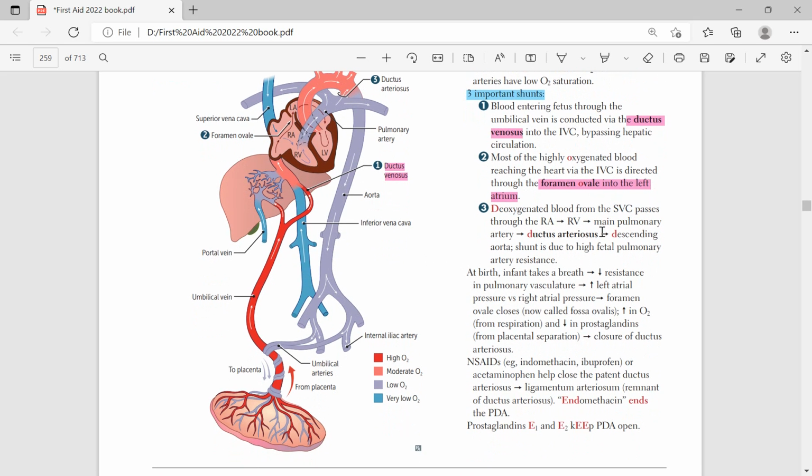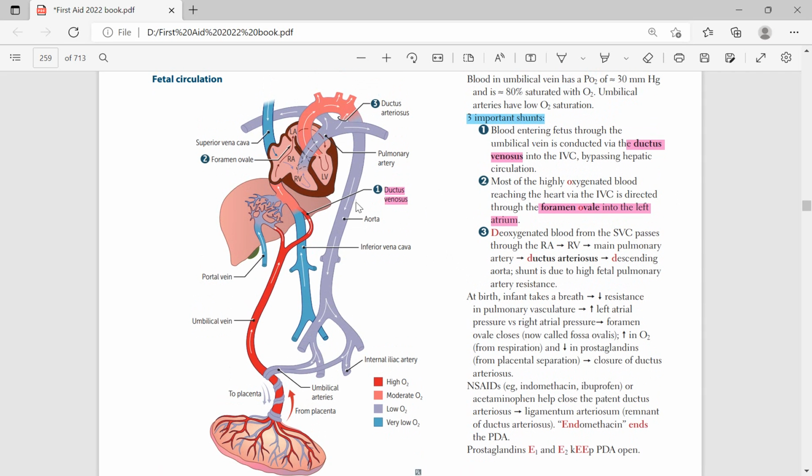Deoxygenated blood from the superior vena cava passes through the right atrium, right ventricle, main pulmonary artery, ductus arteriosus, and from the ductus arteriosus to the descending aorta. This shunt is due to high fetal pulmonary artery resistance.